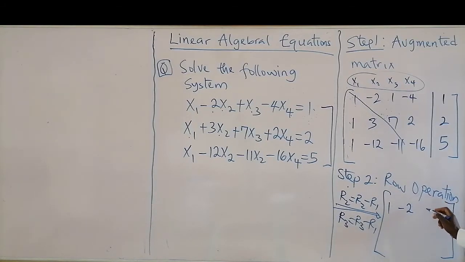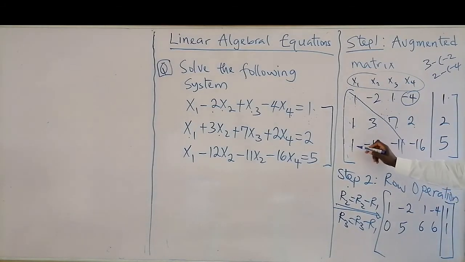Row 1 stays 1, minus 2, 1, minus 4, 1. For row 2: 1 minus 1, 0. 3 minus minus 2, that's 5 here. Then 7 minus 1, that's 6 here. 2 minus 4, that's minus 2 here. Then 2 minus 1, that's 1.